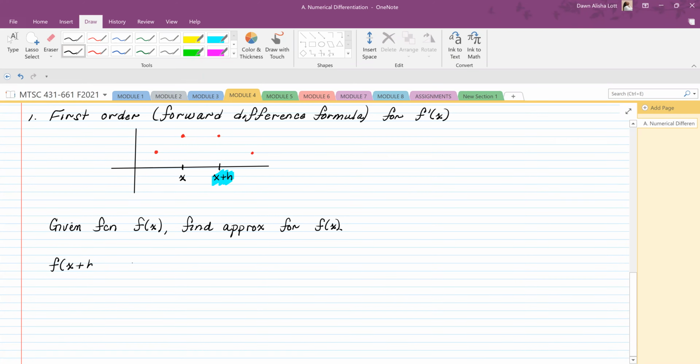Then here I get 0.55540, and this error is 0.00138. And then here I get 0.55554, and this becomes 0.00014. Okay, so you can see that the error decreases by 10.